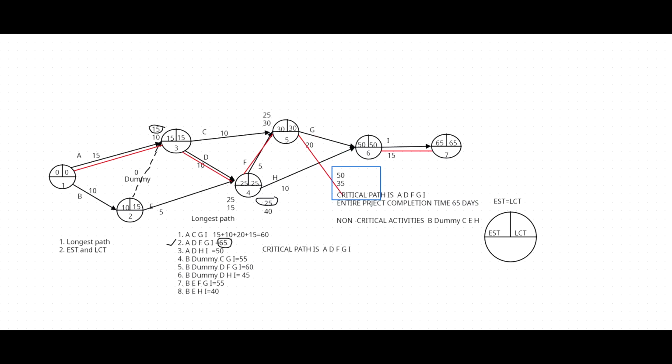Why you get this line, the red color line, right? You understood everything? At least let me know yes or no. I'm waiting for your answer.